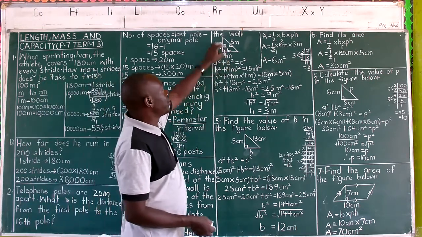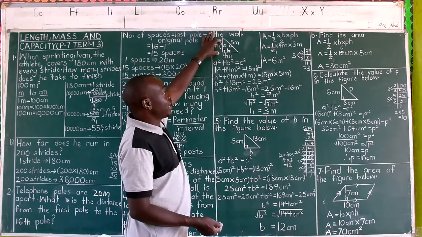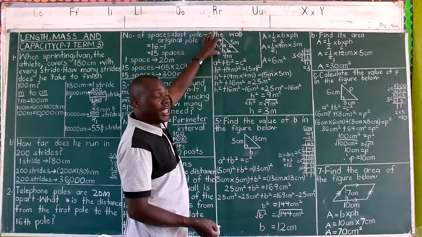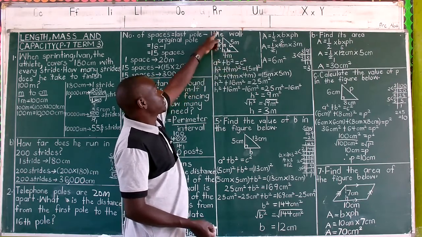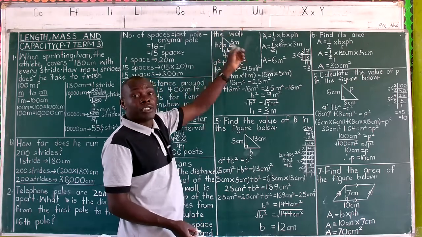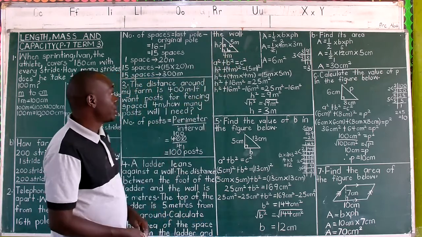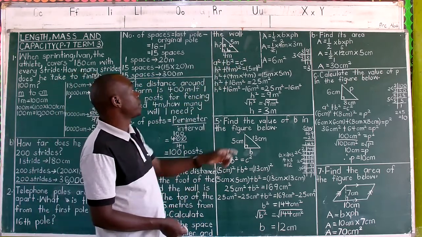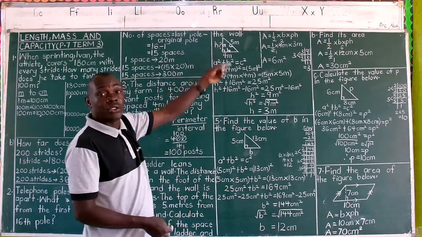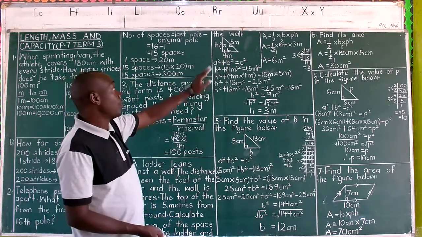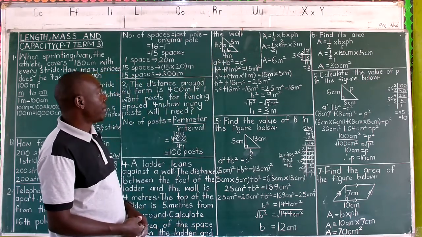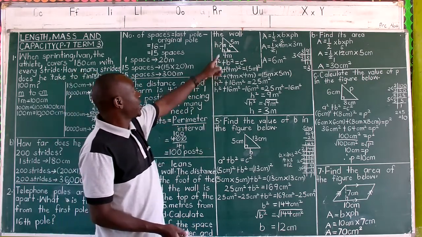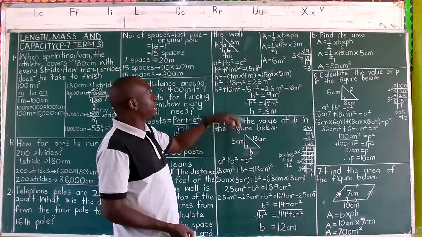Why do we do so? Because the area requires us to use the perpendicular height as well as the base. That's what I'm saying: a half times base times perpendicular height. There's no provision for the hypotenuse, which is the longest side. So it only helps us to find the height of this wall, or this triangular polygon. So we say A squared plus B squared equals C squared.